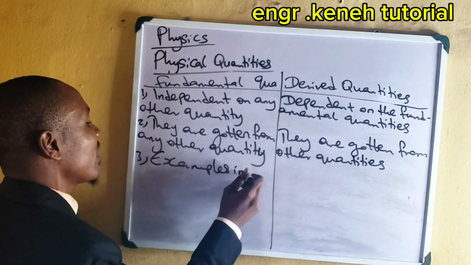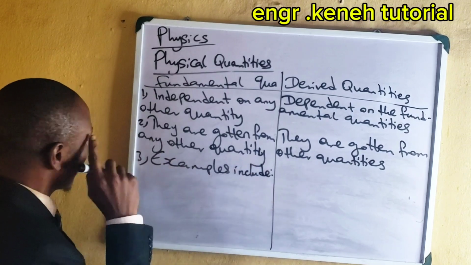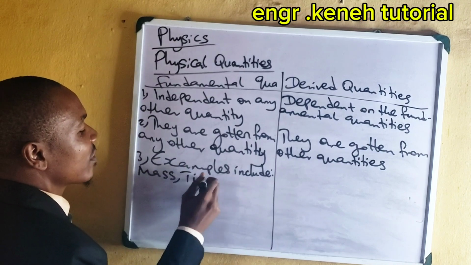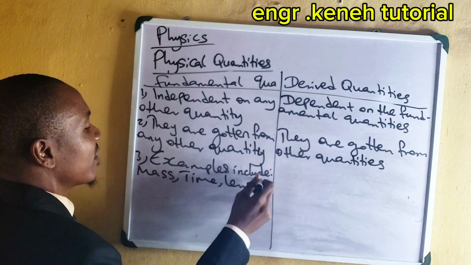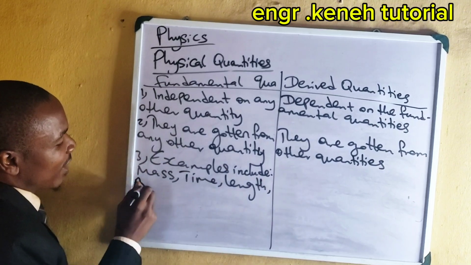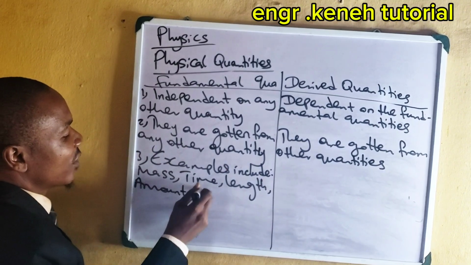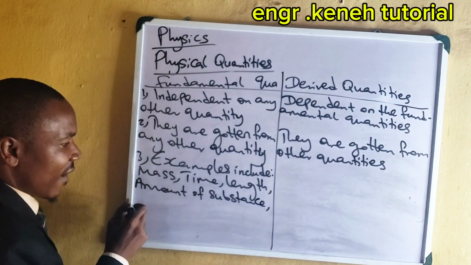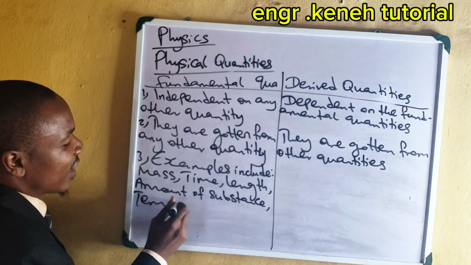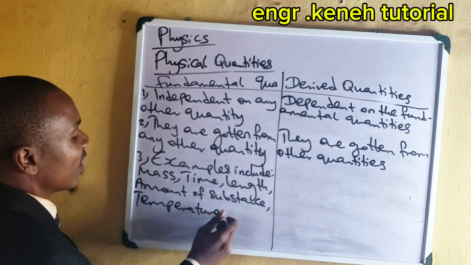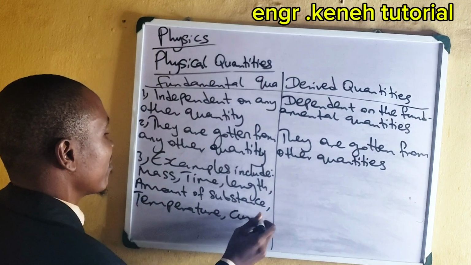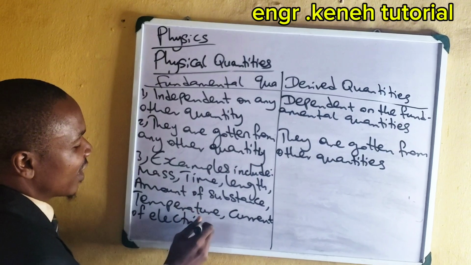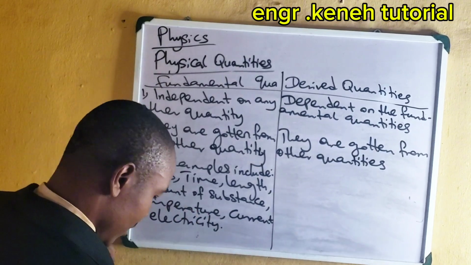Examples include mass, time, length, amount of substance, temperature, and current of electricity. Can you see that? Etc.